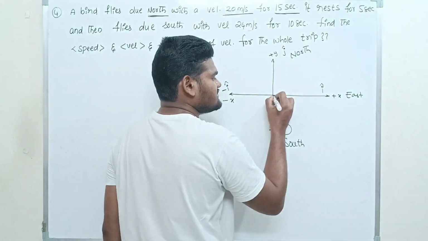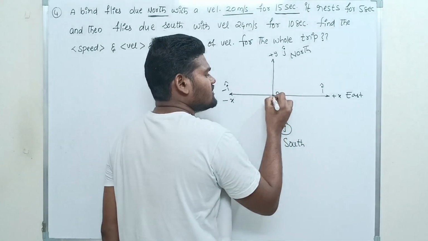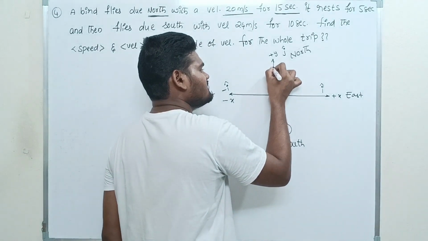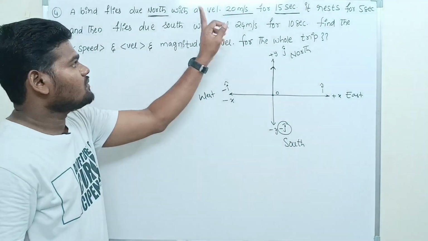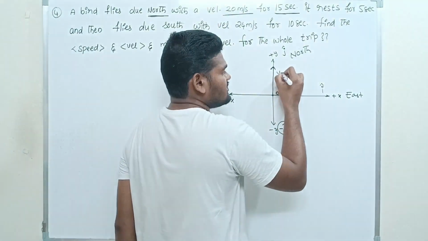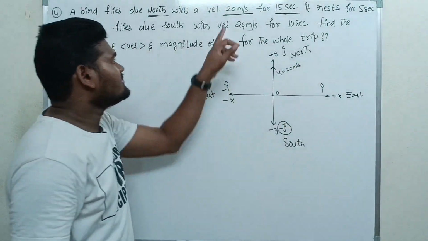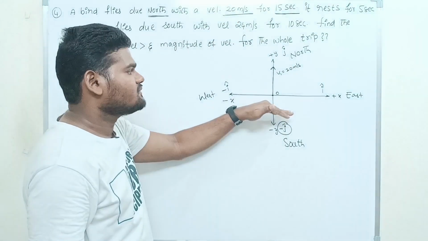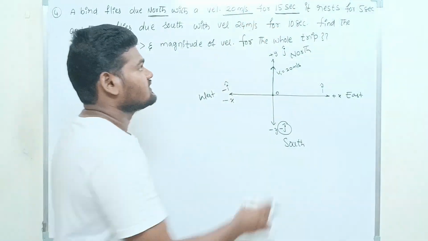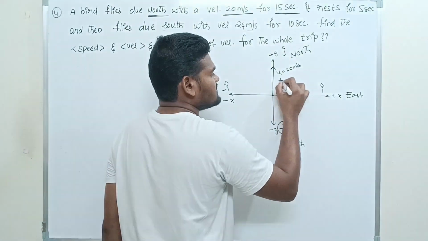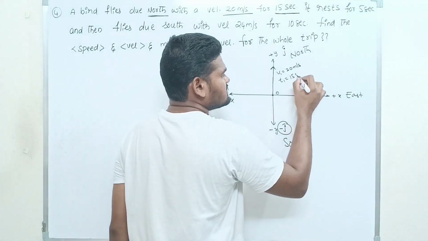Let us consider this is an origin O. From the origin O, a bird flies towards the north direction with how much velocity? Let us say v1 is equal to 20 meter per second. With this velocity, how much time does it travel? Let us say t1 is equal to 15 seconds.